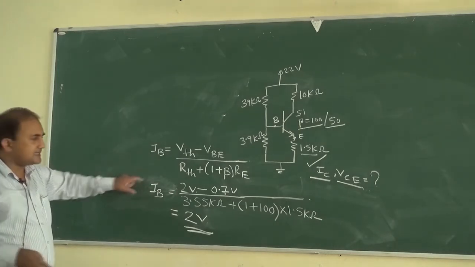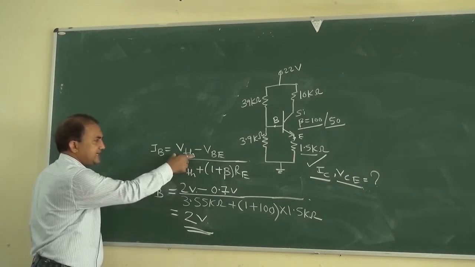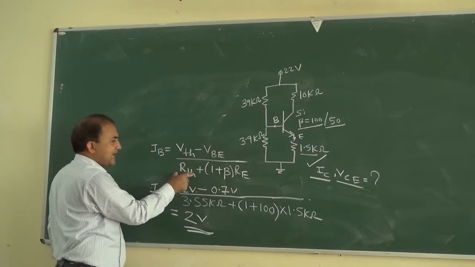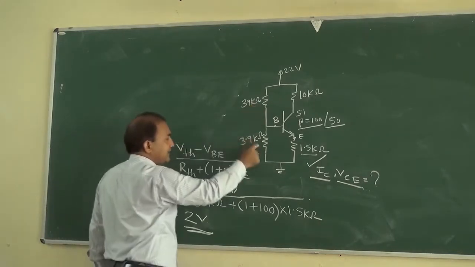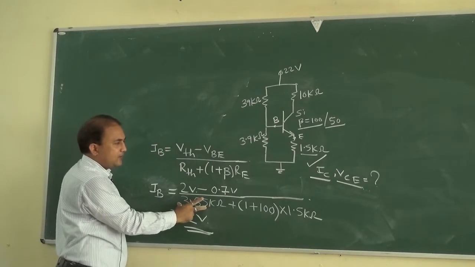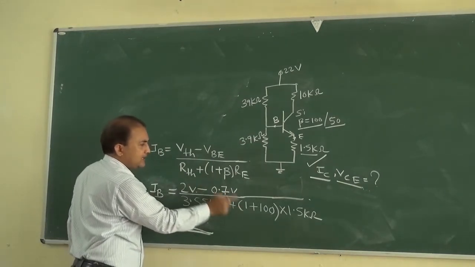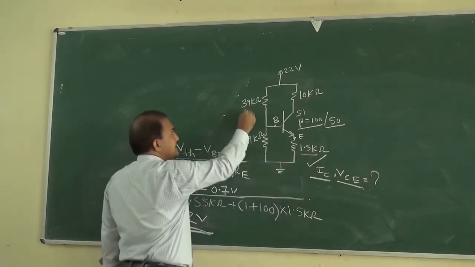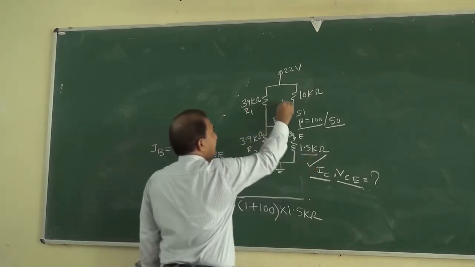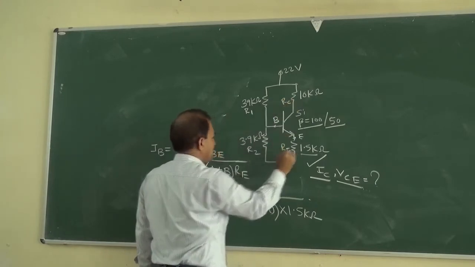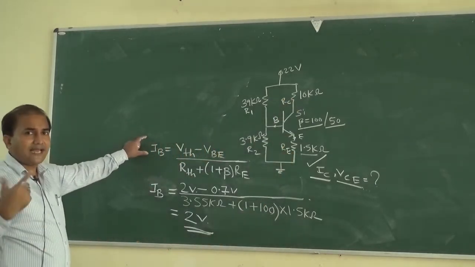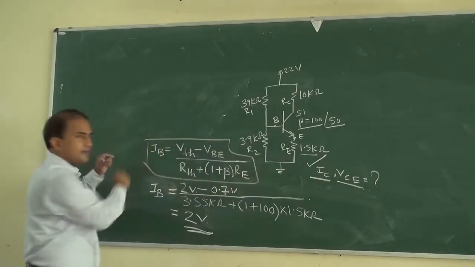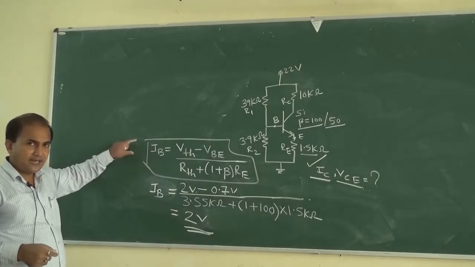So IB is equal to VTH, which is 2 volt, VBE is 0.7 volt, RTH is equal to R1 in parallel with R2, it is 3.55 kilo ohm, 1 plus beta where beta is 100, RE is 1.5 kilo ohm. This is R1, this is R2, this is RC, and this is RE. Okay, so first of all we have to determine IB by using this equation.